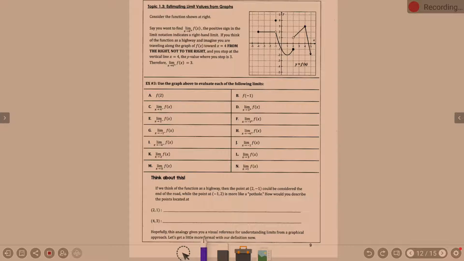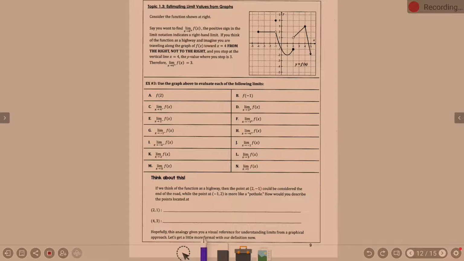So that's what we're going to practice here. We're going to use this graph and do parts A through N, which is a lot of problems really, but it goes quickly. Now, part A, f of 2. What's that asking me? Okay. What's f of 2 want?